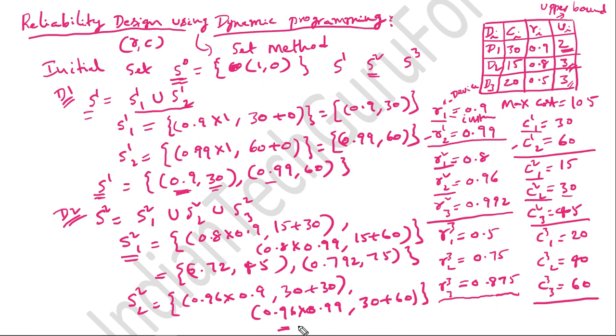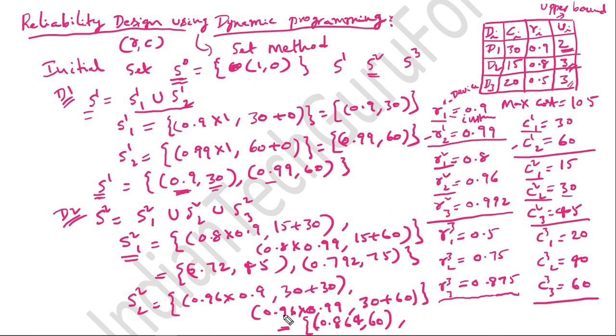So that is equal to, we'll be getting S power 2 suffix 2 as 0.96 into 0.9, 0.864 comma 30 plus 30, 60, comma.